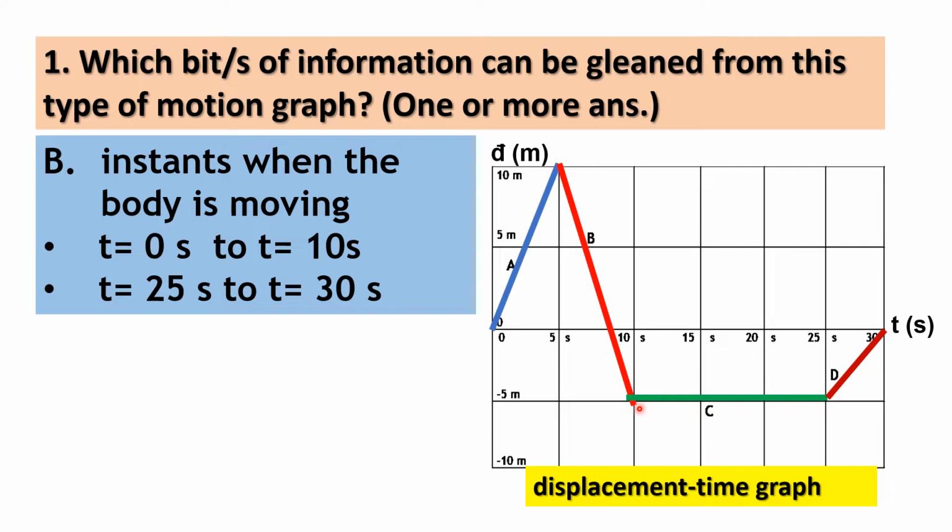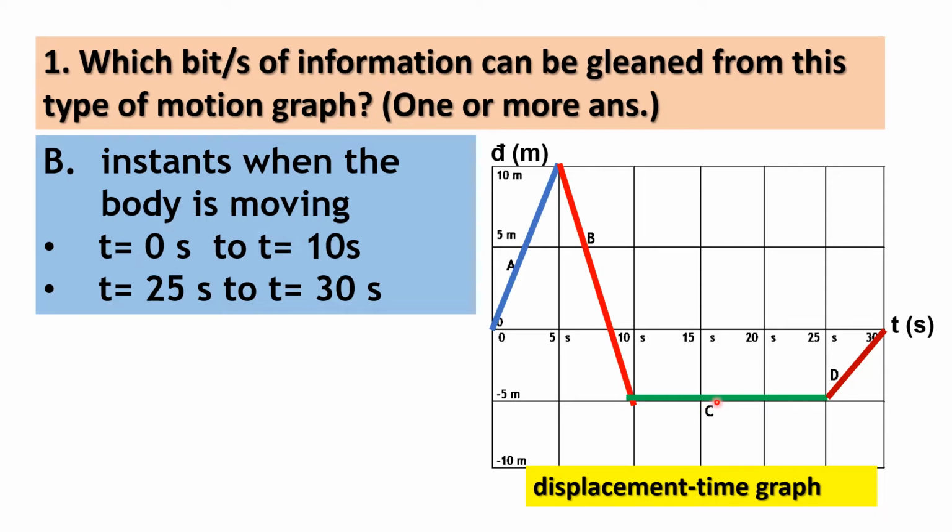So, if the graph line in a displacement time graph is horizontal, the slope of that graph line is 0. So that indicates a zero slope means that the value of the velocity is also 0. In other words, segment C represents that part of the motion of the body where it is not moving or it is at rest.